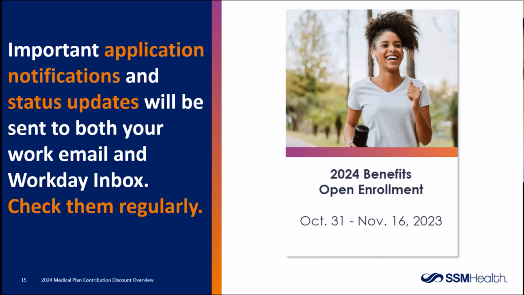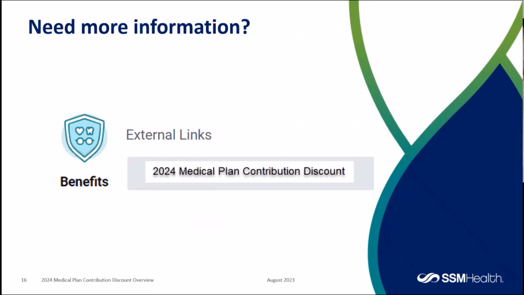And this is the one time each year when employees can make changes to their benefits without the need for a qualifying work event. Okay. So where can I go in Workday for more information? So for detailed information, including the program eligibility guidelines and step-by-step instructions, simply click on the Benefits app in Workday.